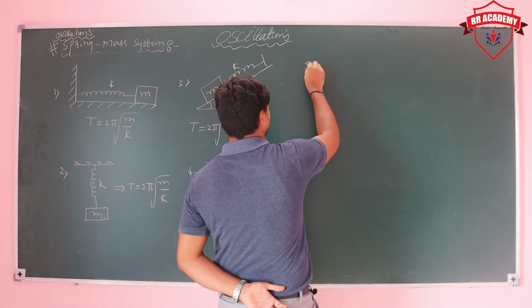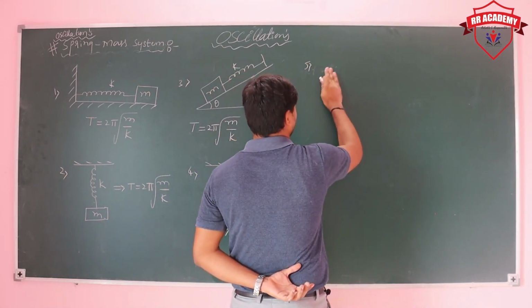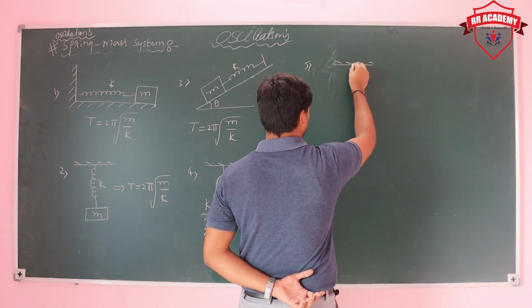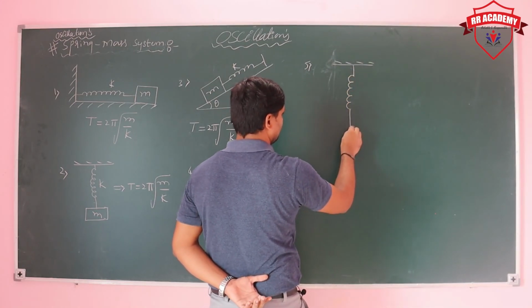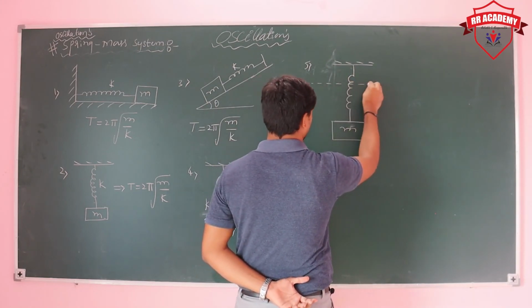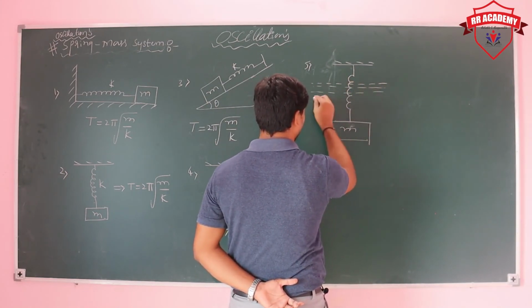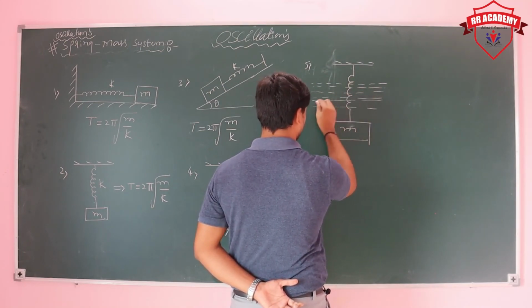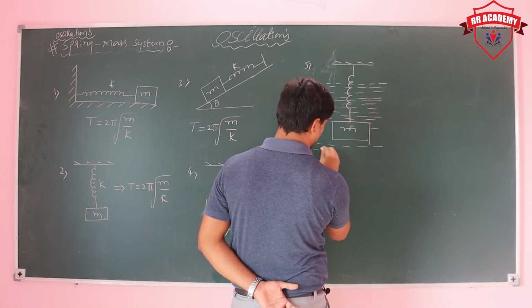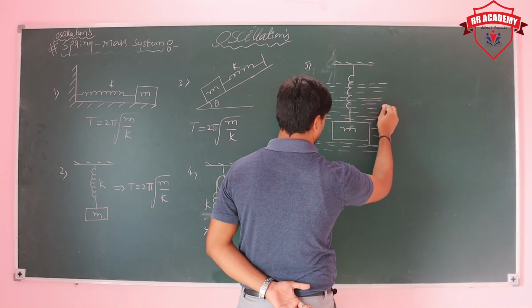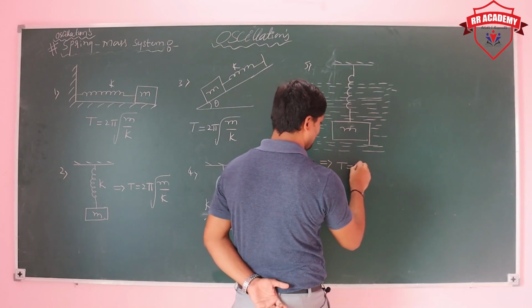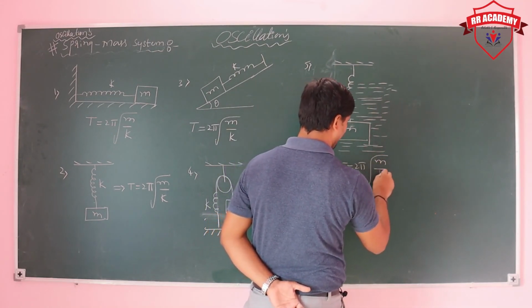Next, the fifth case: if the spring mass system is placed in a fluid, here also the time period is 2 pi into under root m by k.